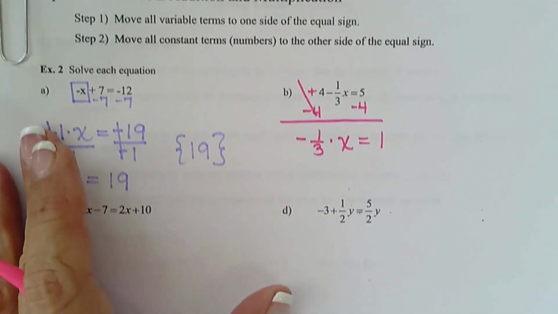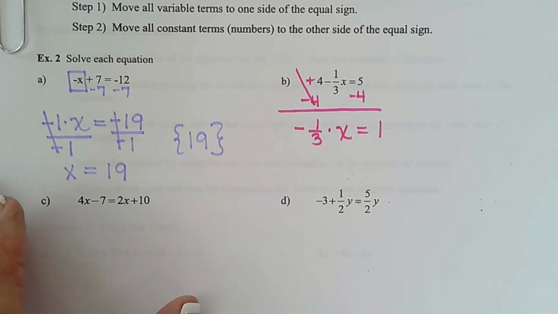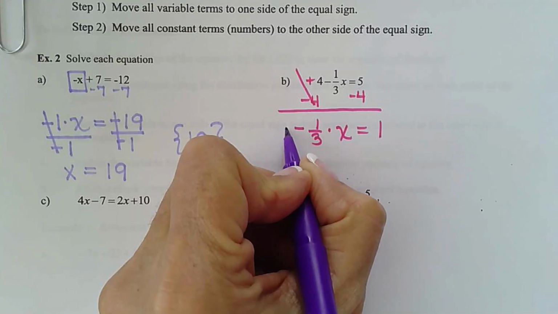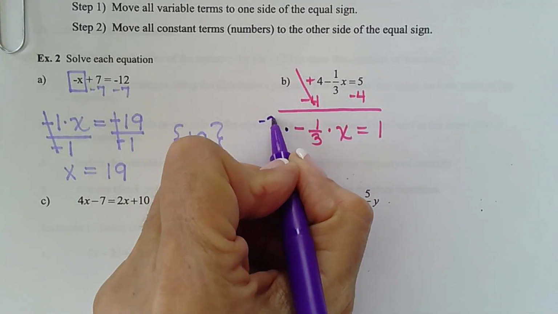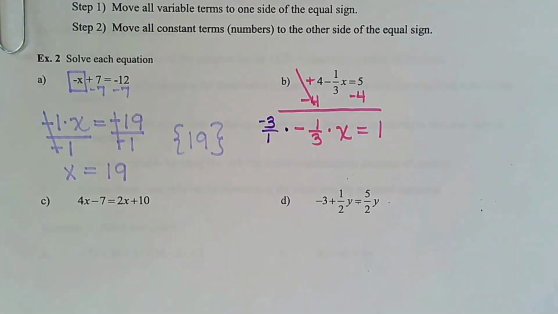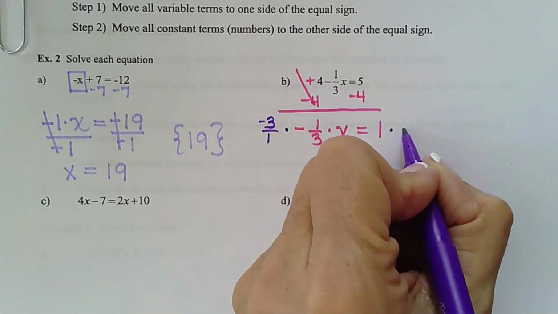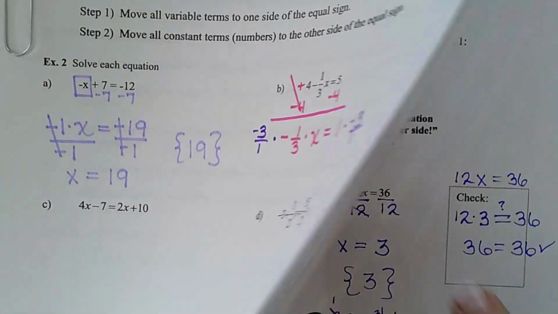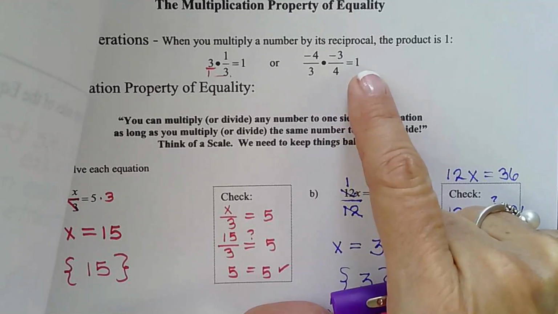Well, the opposite of times is divide. So on this one, I'm going to do it by hand because it's a nice, easy one. So this was the second way we learned from the calculator. So the reciprocal of negative 1/3 is negative 3/1. So multiply both sides by the reciprocal because we learned on the first page of this packet, when you multiply reciprocals, you get 1.